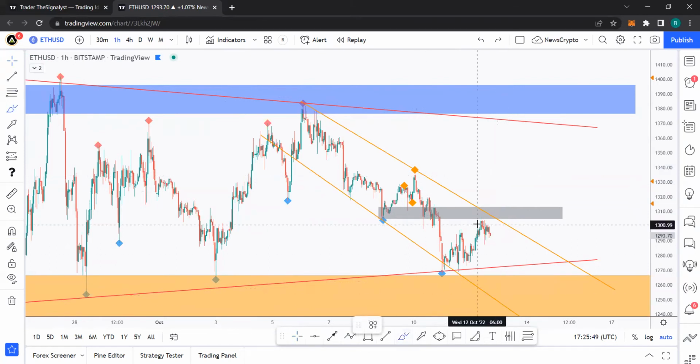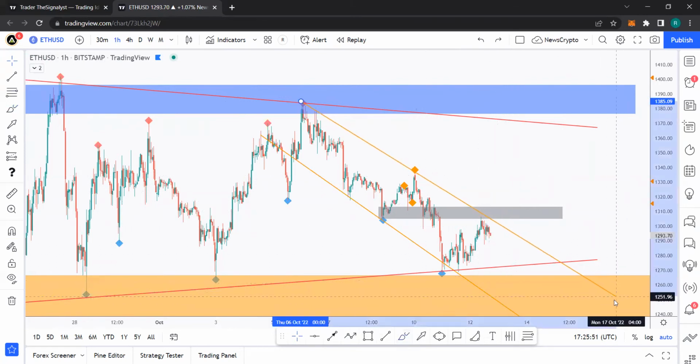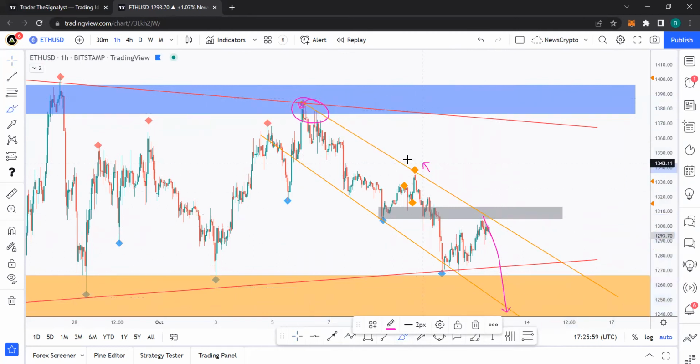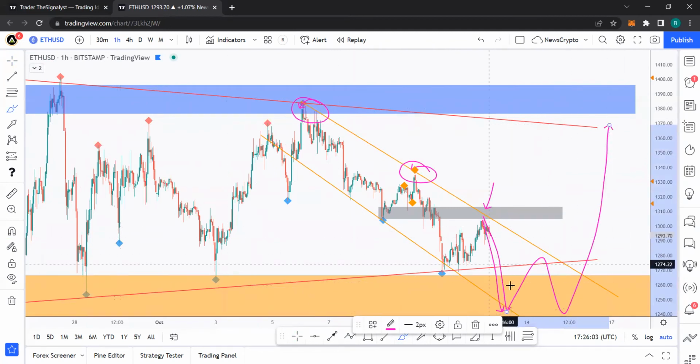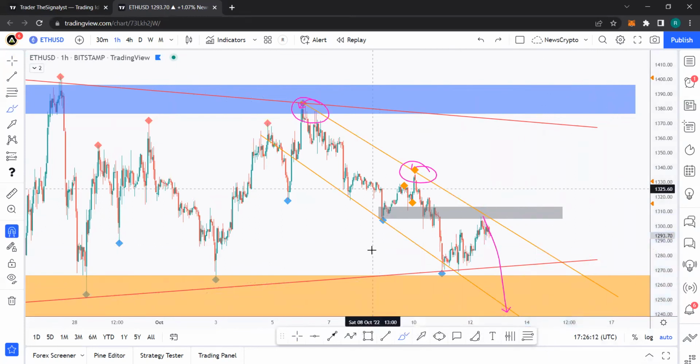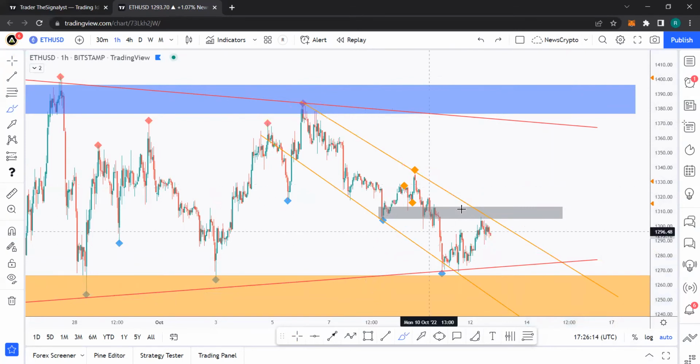Meanwhile, because this is an entire zone from here till here, we can still reject this trend line and trade lower. So 1, 2, and 3, before the bulls take over by breaking above the previous high, or we can still trade lower and lower and break the 1200 downwards. That's it for Ethereum.